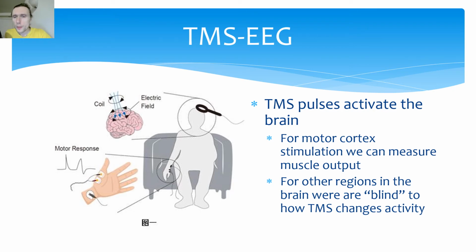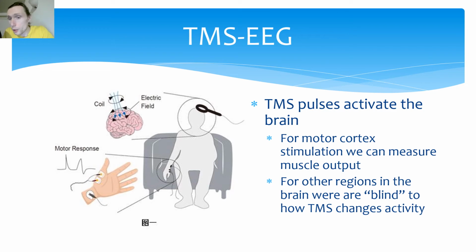What is often done with TMS to measure its effect on physiology is that if you apply TMS over the motor cortex, we can measure the muscle output by electromyography. So you place the coil over the motor cortex, you activate the motor cortex, and that in turn will activate the muscle, and then you can measure the muscle activity.